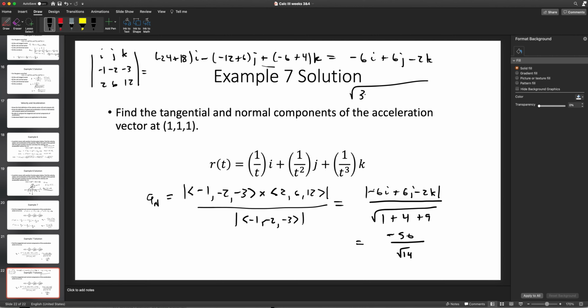It's just 36 plus 36 plus 4. So 72 plus 4, 76, root 76. This is from our old problem. So we have root 76 over 14. So that's the same thing as root 38 over root 7. You can rationalize that if you wish, or you can just leave it alone. Doesn't make any difference. So we'll just leave it be.